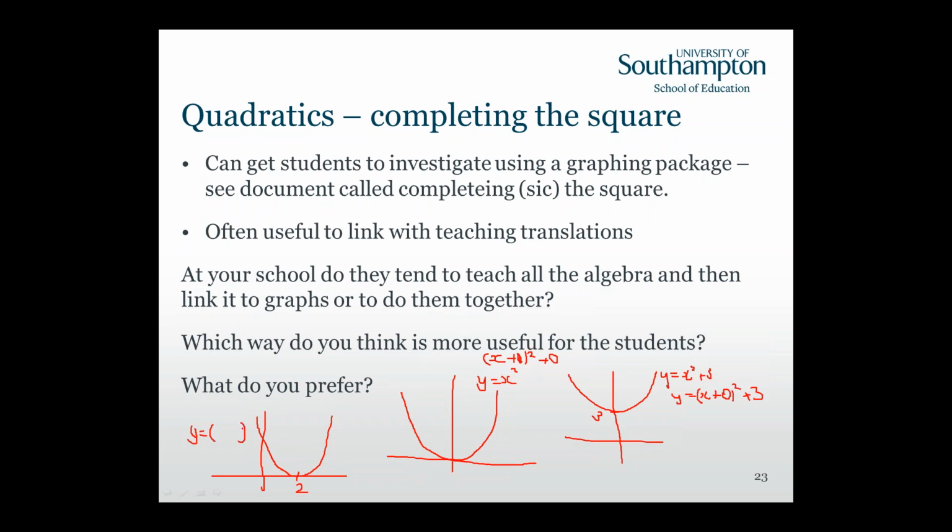Yes, it's going to be x minus 2 squared, isn't it? Good, exactly. So x minus 2 squared gives us the fact that the vertex has moved. We could, weirdly, write a 0 on the end. The vertex has now moved to the coordinate 2, 0.